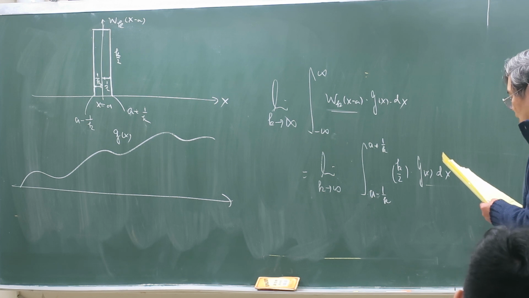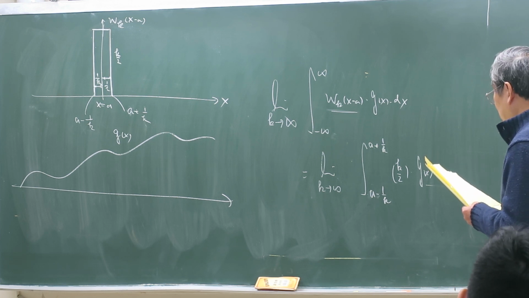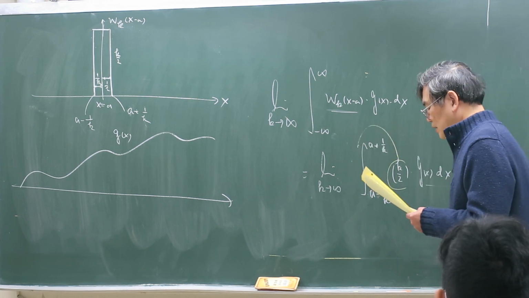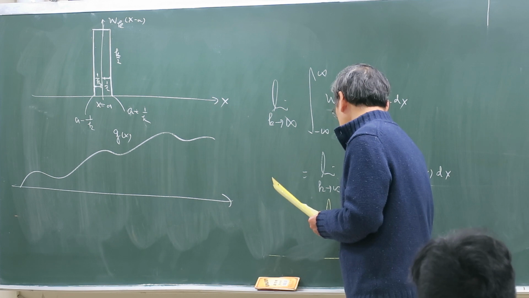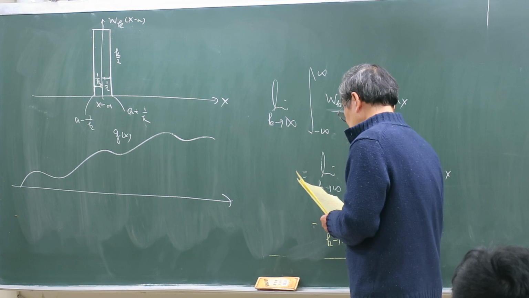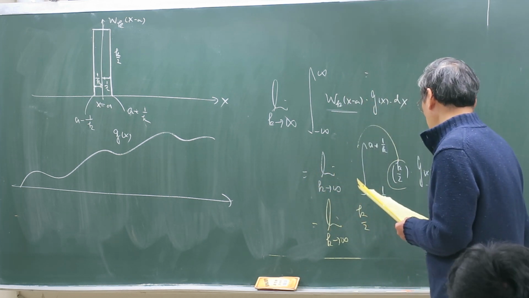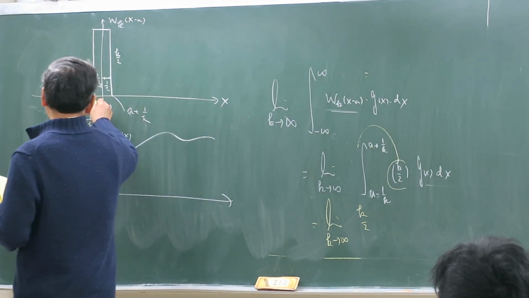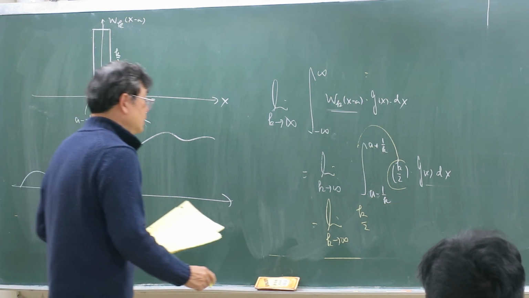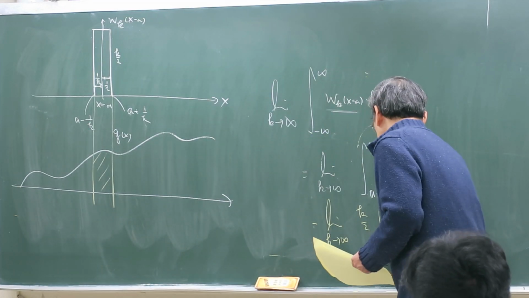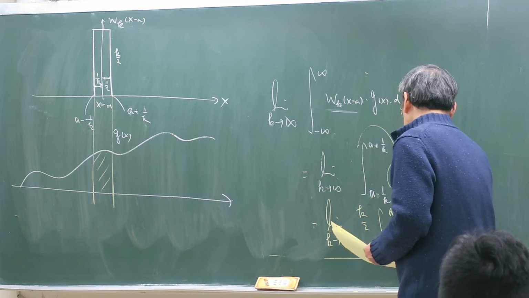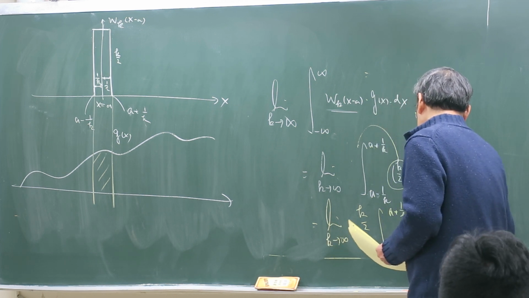Right? Because my integration is about x, this can be taken out. Then I have the limit k to infinity of k over 2 times the integration of g(x) dx from a minus 1 over k to a plus 1 over k.